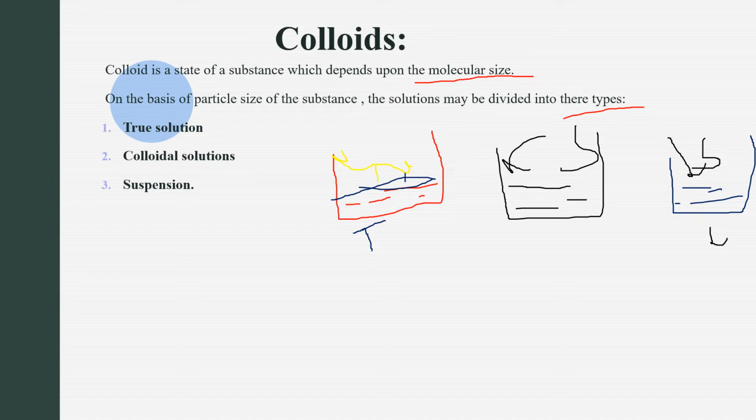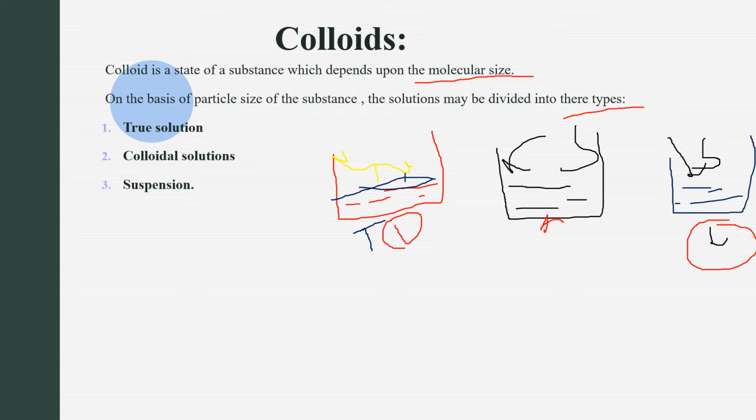They are not uniform, but their particle size will be less than the particle size of sand. The particle size of a starch molecule cannot be seen by the naked eye, but can be seen by the microscope.